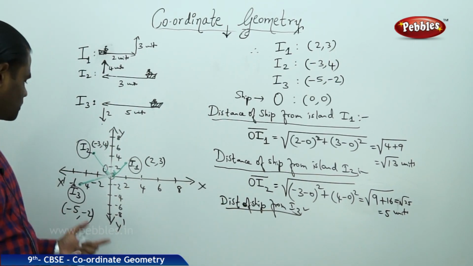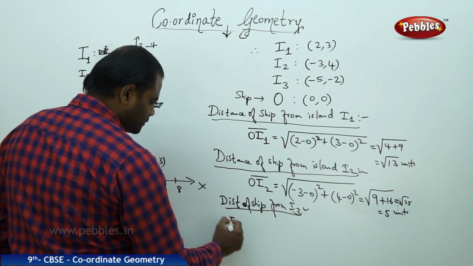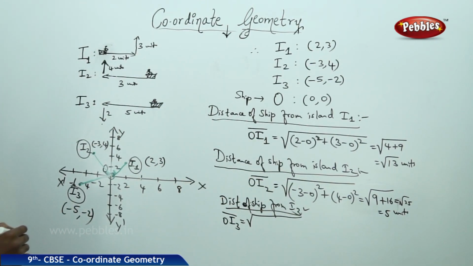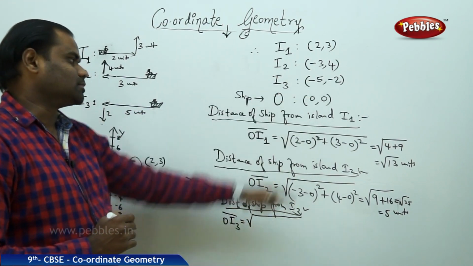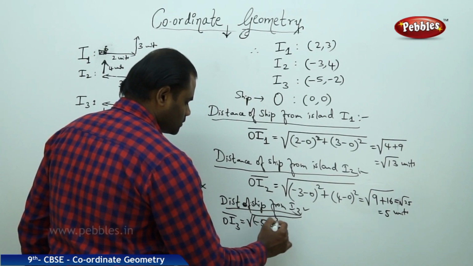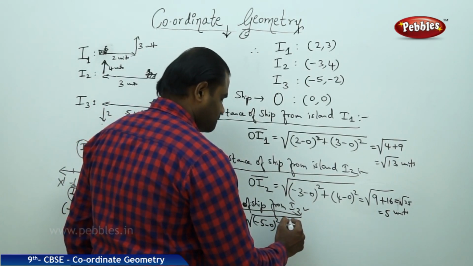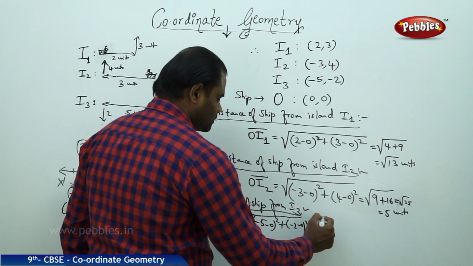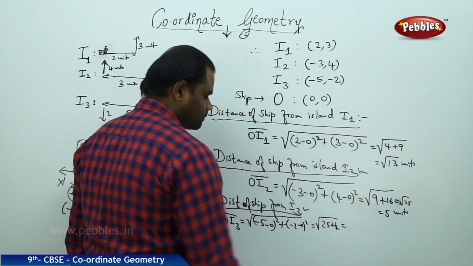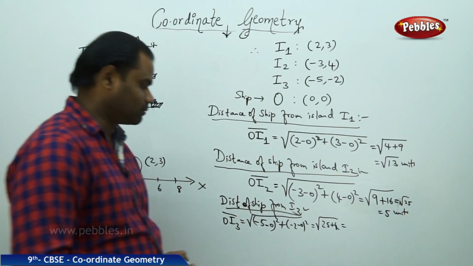It is the same repetitive process where the distance of O from I3 is OI3, using the distance formula, and there I get the distance from O to I3 as root of -5 minus 0 whole square plus -2 minus 0 whole square, which is root of 25 plus 4. 5 square is 25, and -2 whole square is 4.